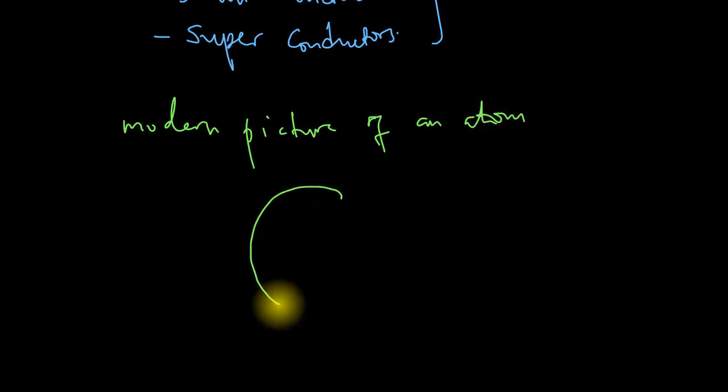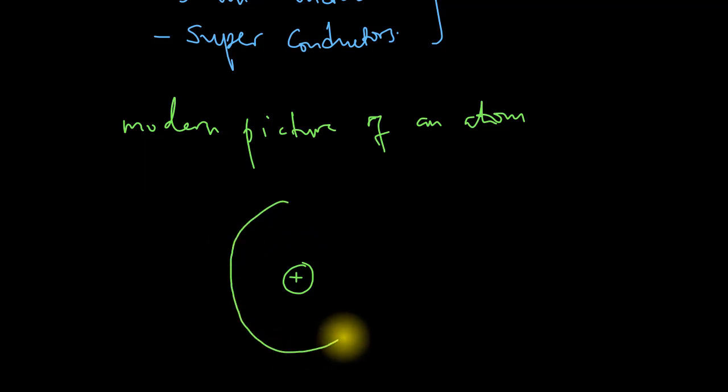In the modern picture of an atom, to begin with, we have a nucleus which is having positive charges, protons in it, and the nucleus is surrounded by a cloud of electrons around it, an electron cloud like that. So this is the nucleus, and these are energy levels surrounding the nucleus in which we find electrons. These electrons combined together form an electric cloud.